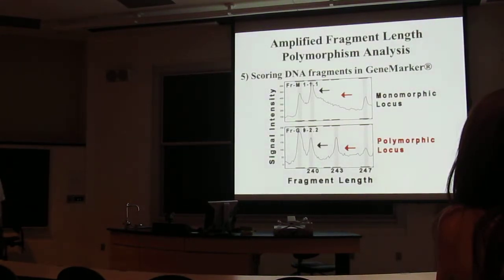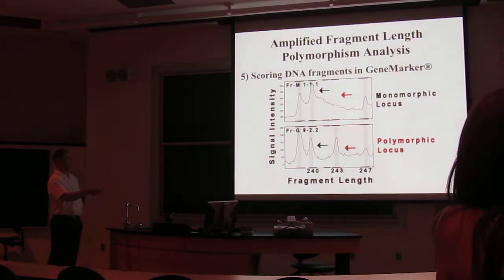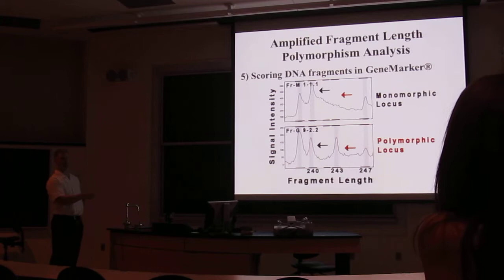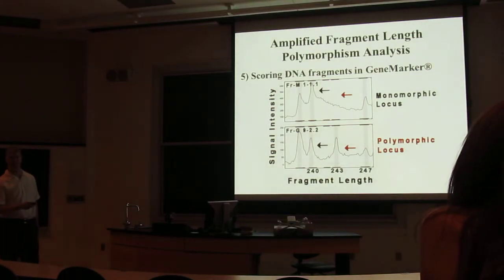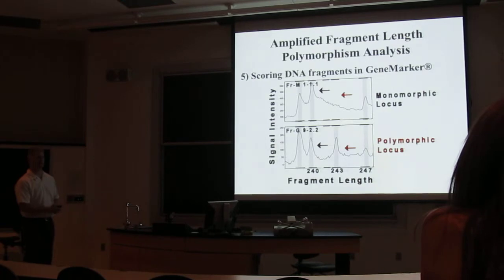And so they were both scored as positive, having a peak at that length. However, at 243 nucleotides, there's a peak in the FRG individual, but no corresponding peak in this individual, so that represents a polymorphism. And it's these differences between individuals that I'm using to calculate my variables to look at genetic diversity, differentiation, and similarities.